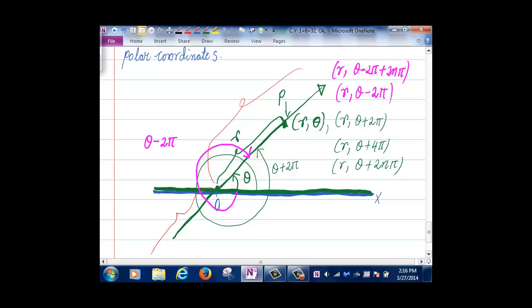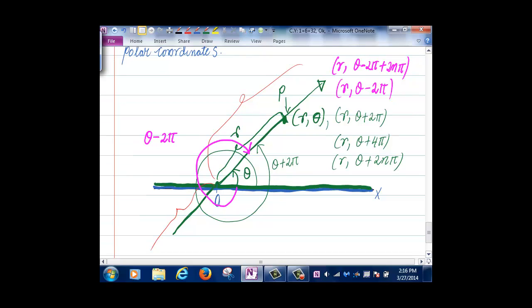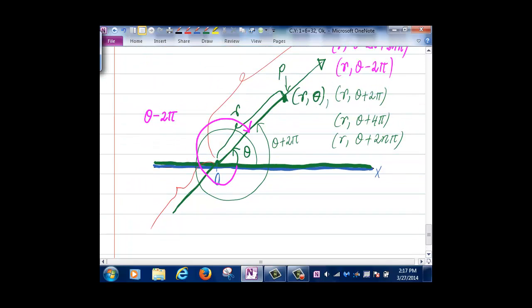Another representation would be the following. In all the representations that I have so far, r is positive. But I could also make r negative. How? Well, let me make another picture now.